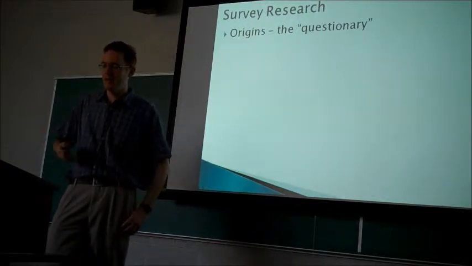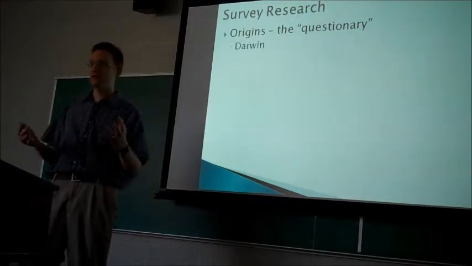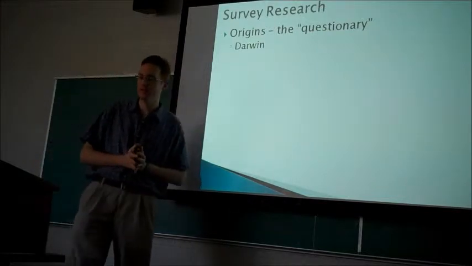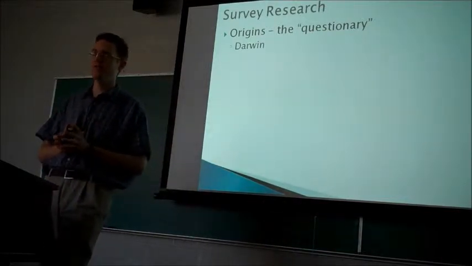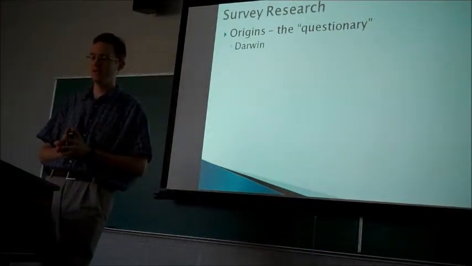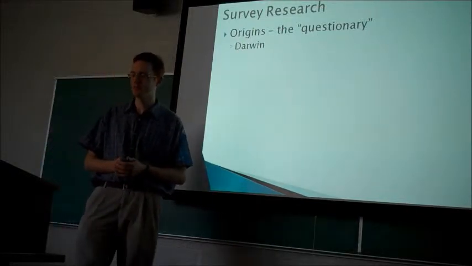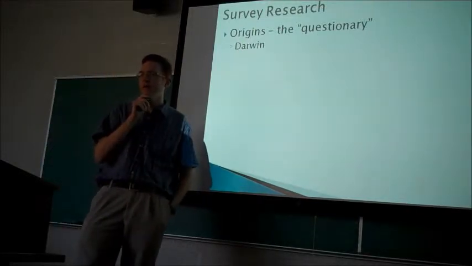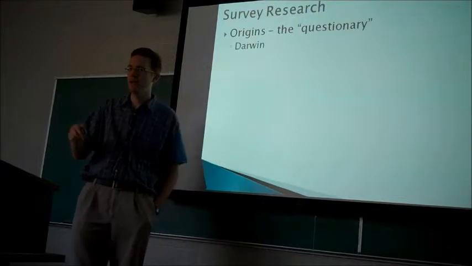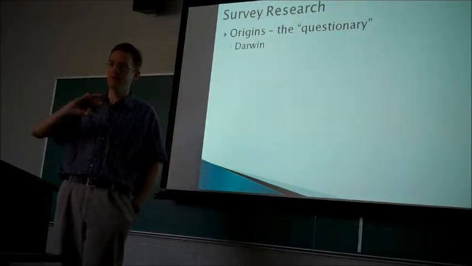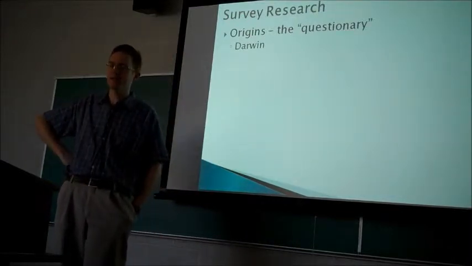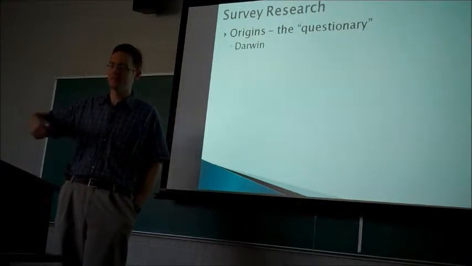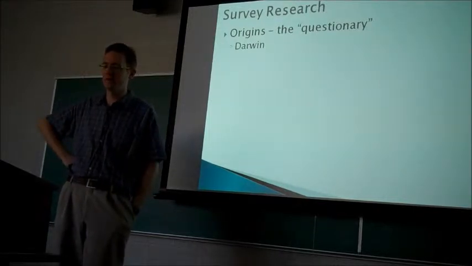So you can even see that Charles Darwin used some questionnaires in his research, did some survey methods. And of course, a lot of his work was observational, and he would go around the world and collect samples of different animals that he used in formulating his theory of evolution by natural selection.